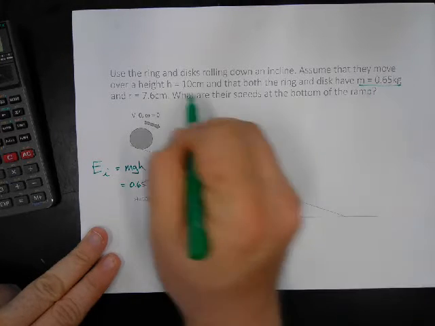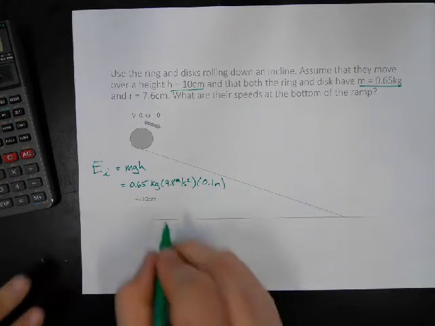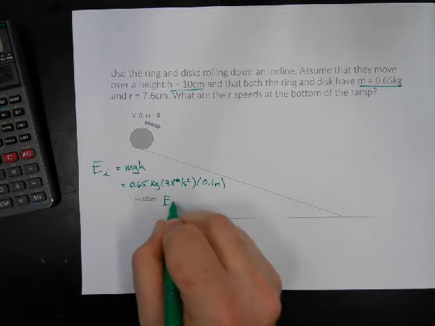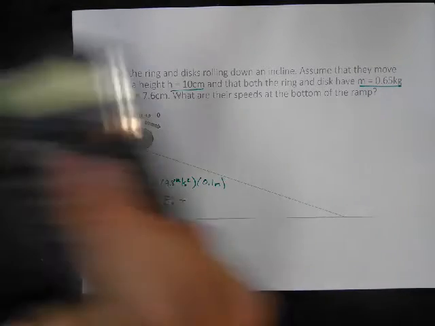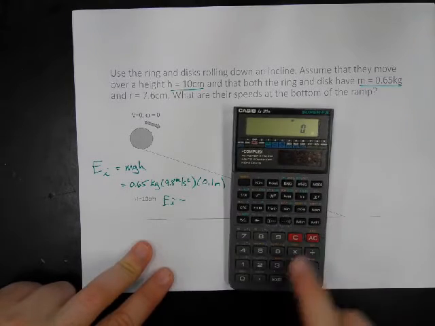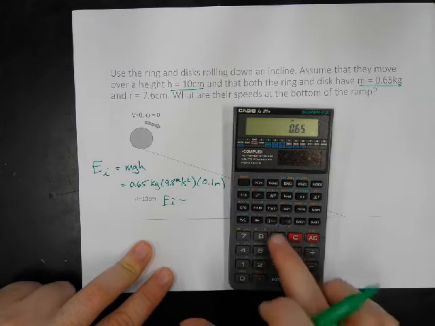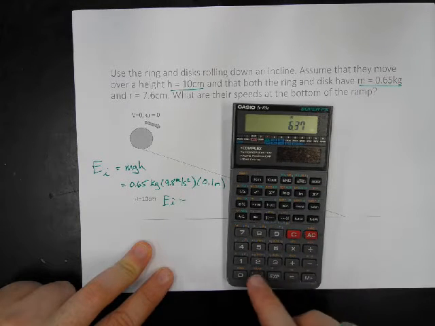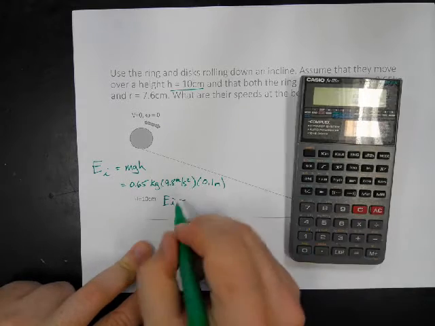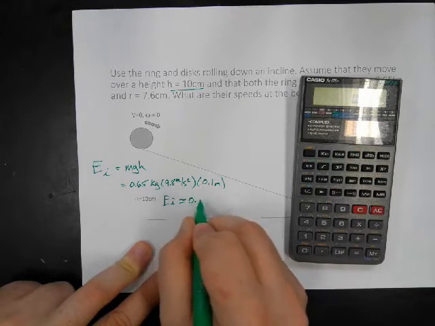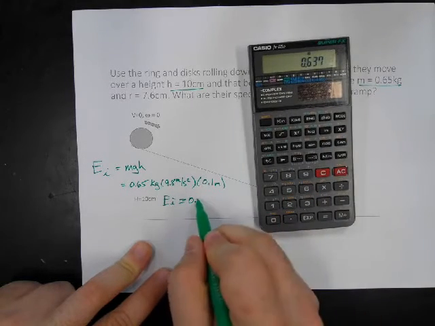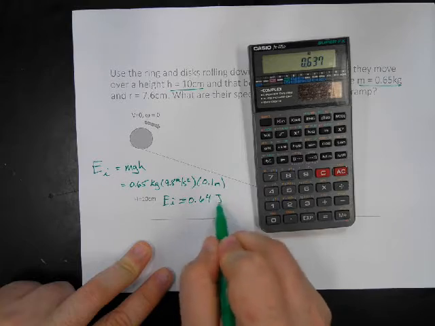That is our mass and our height. And that energy initial is going to be, let me calculate, 0.65 times 9.8 times 0.1 equals 0.64 joules.